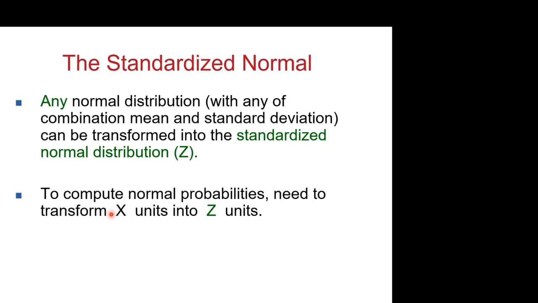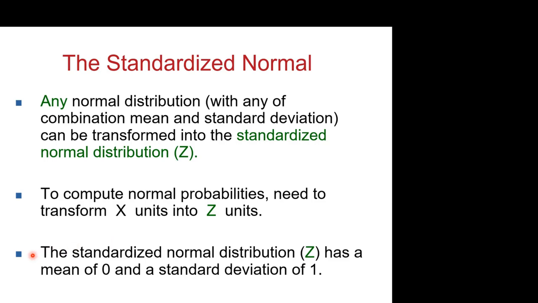But in order to compute the normal probabilities, you have to have a standard value. So for this reason, you must transform the value of X units into Z units.